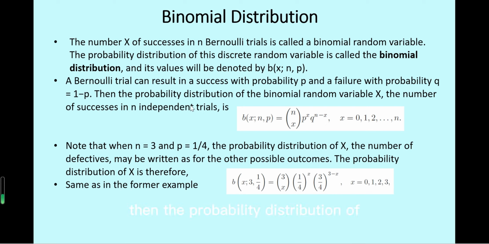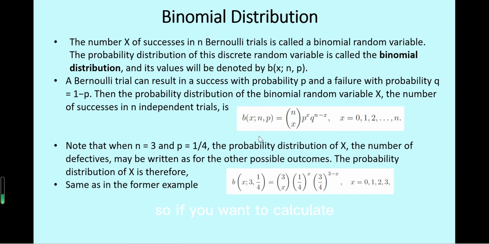Then the probability distribution of the binomial random variable X is b(x; n, p) equals the combination C(n, x) times p to the power x times q to the power n minus x. So x can be 0, 1, 2, 3, 4 until n.